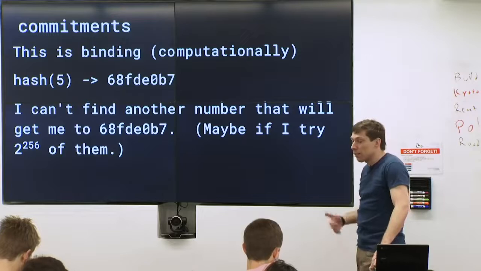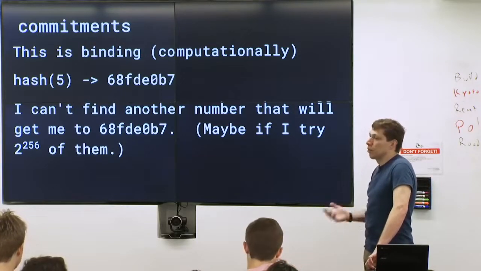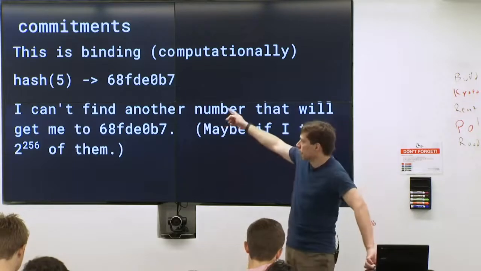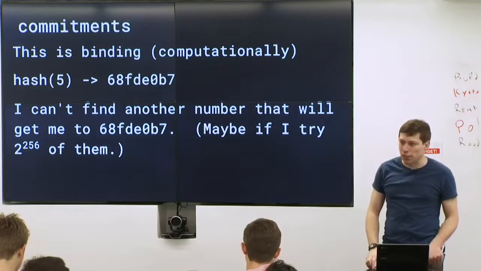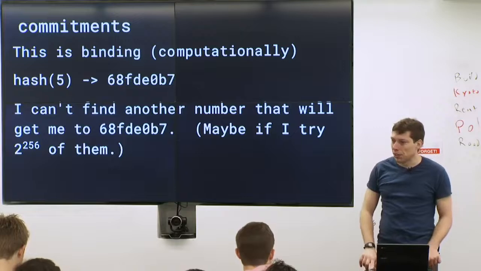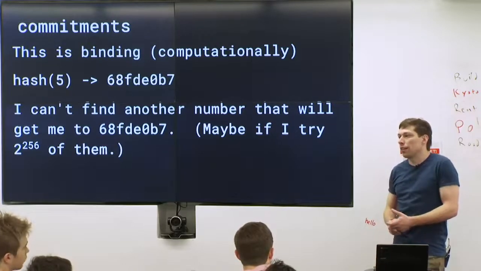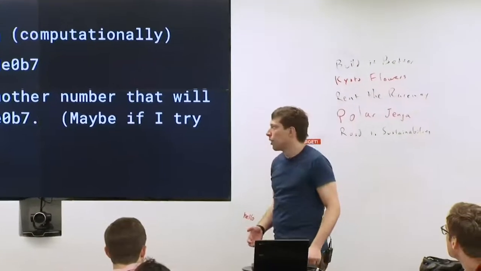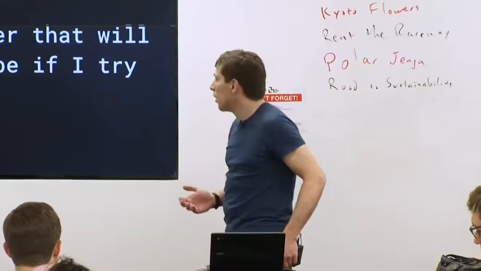If I had some amazing computer that could perform infinite calculation, I could actually find a collision. So there's the distinction between computationally and information theoretically. Information theoretically is stronger, where even if I had the most powerful computer, I still couldn't do this. Whereas in this case, it's computationally binding. Computationally is good enough.